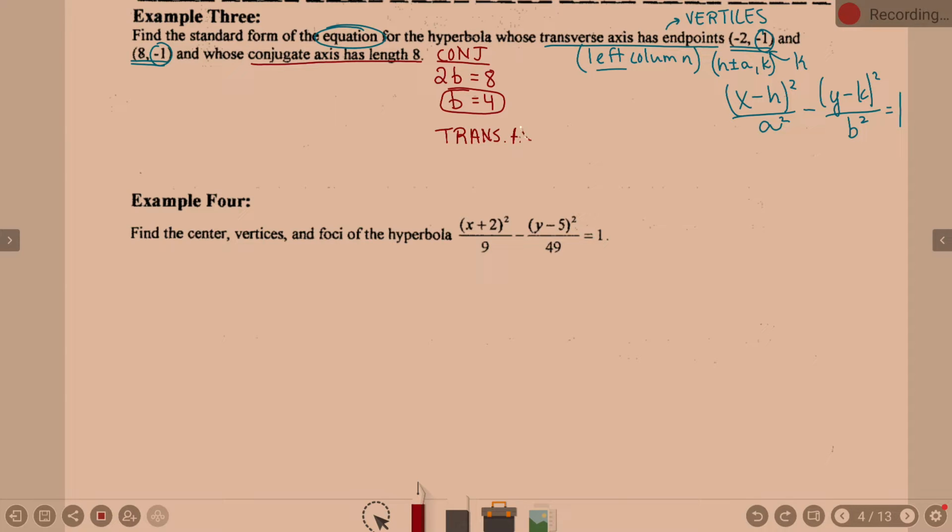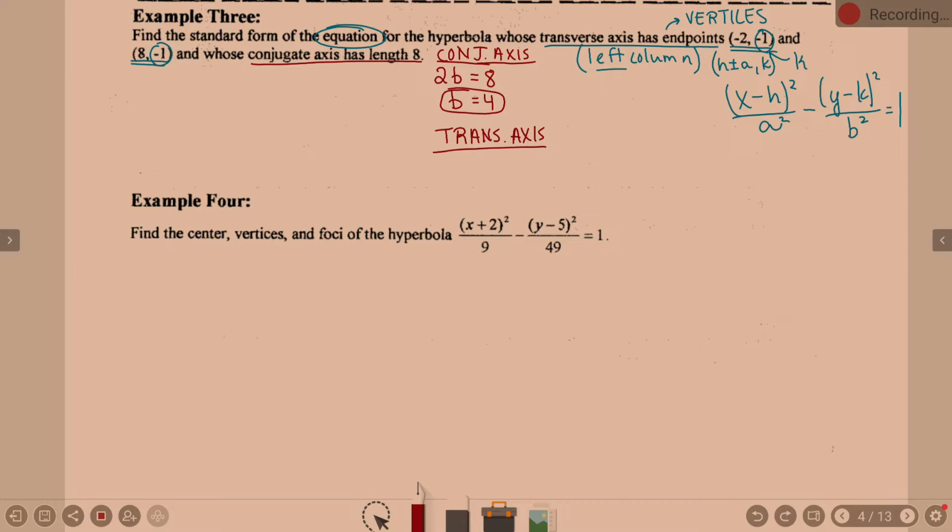How long is the transverse axis? Can you do this without a picture? Some of you can. Maybe all of you can.